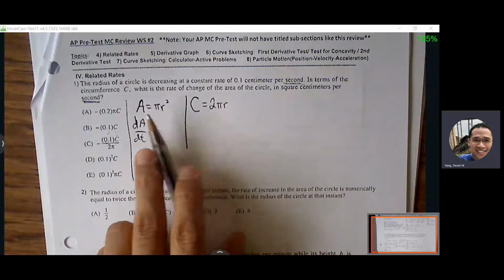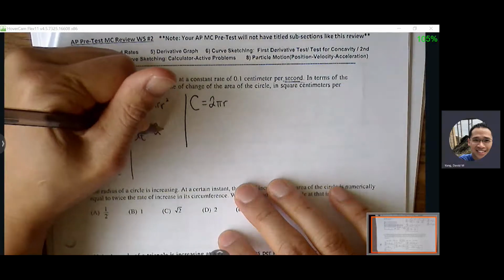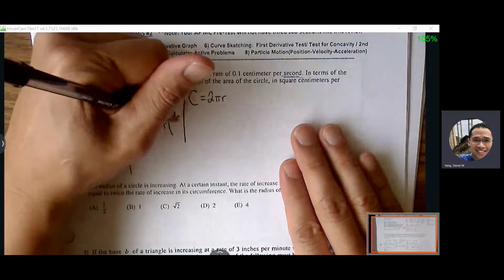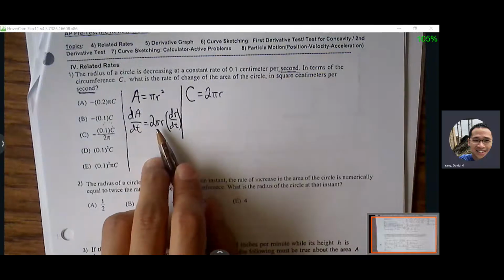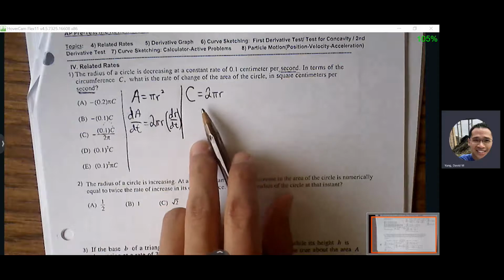What does pi r squared become? 2 pi r, but what else is needed? dr/dt, right? Time is impacting every variable. Remember, pi is not a variable. Pi is just a coefficient. We may or may not need this. Let's find the derivative anyway, just so that we have it.